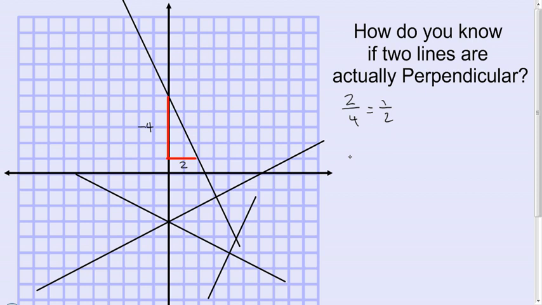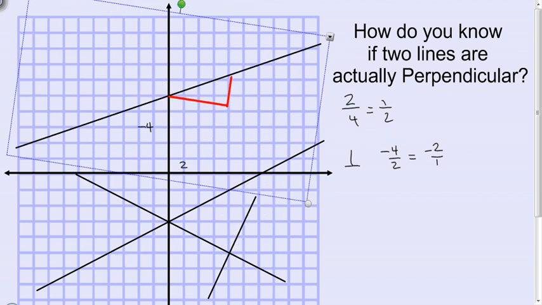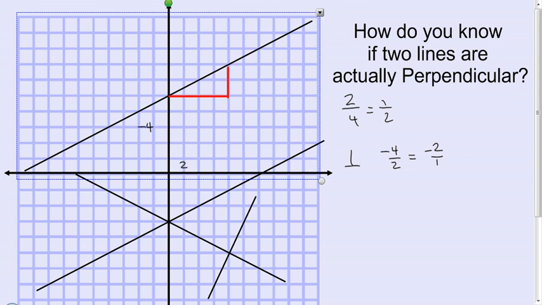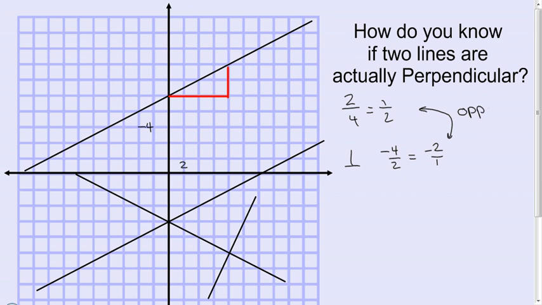So the slope of the perpendicular line, the 90-degree turn, is -4/2 or -2/1. Every single time I'm looking at perpendicular lines, you're going to see that same kind of transformation take place, where the slope is simply the opposite reciprocal. So the sign gets changed because one of them is going uphill and one is going downhill.